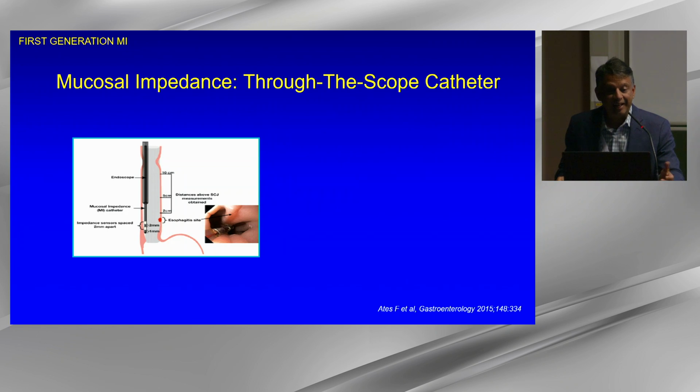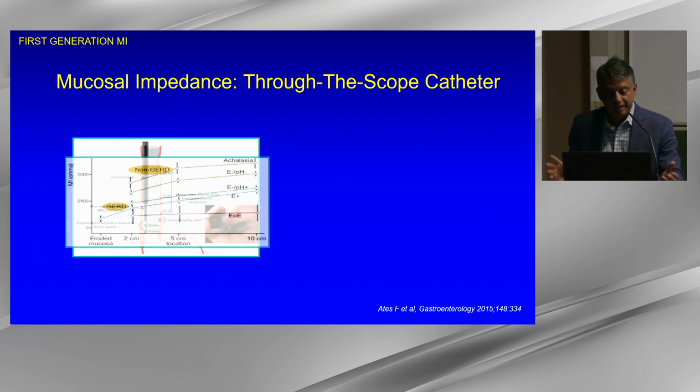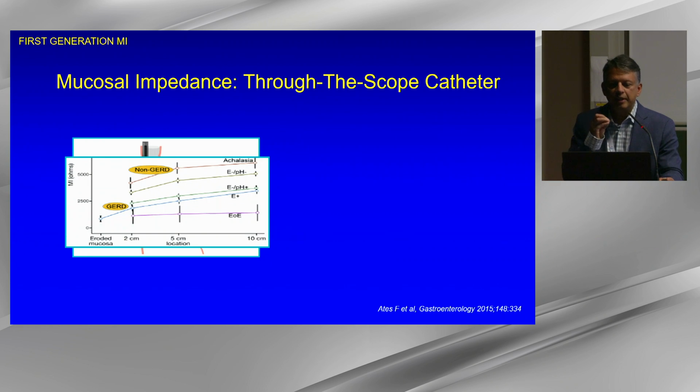And he did that at 3 levels and demonstrated that he could segregate non-GERD situations like endoscopy negative, pH negative patients, or patients with achalasia from patients who had reflux disease in terms of esophagitis, or endoscopy negative, pH positive patients. So in other words, the baseline impedance in the distal esophagus was lower in patients who had evidence of proven GERD.